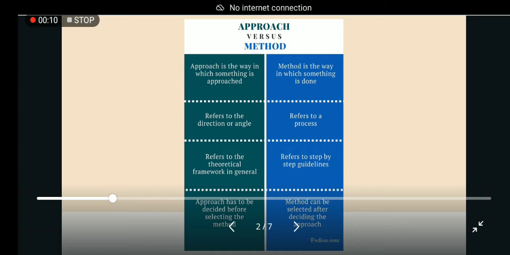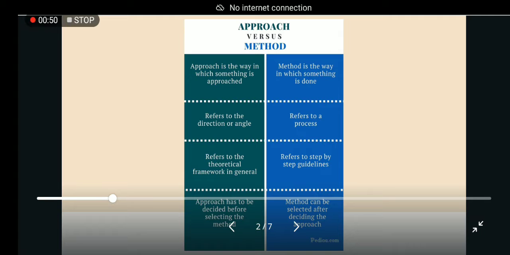But first of all, to understand the topic of today in a better way, it is important to be clear about what an approach is and what a method is. Basically, an approach is the way in which something is approached, but it's also a way of looking at teaching and learning, and underlying any language teaching approach is a theoretical view of what language is and of how it can be learned.